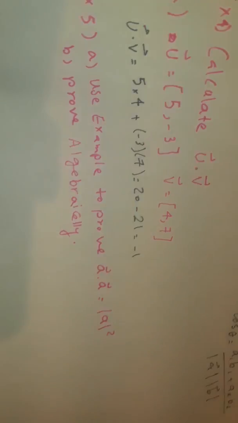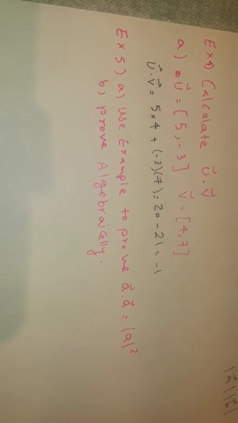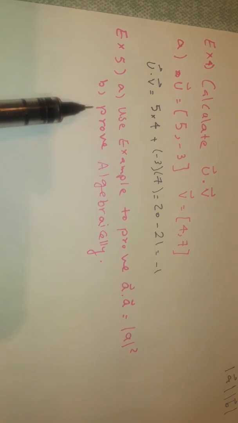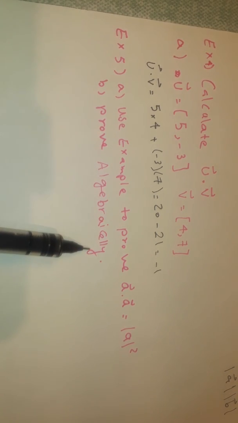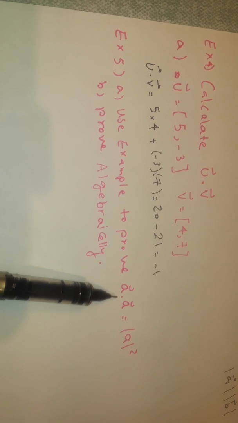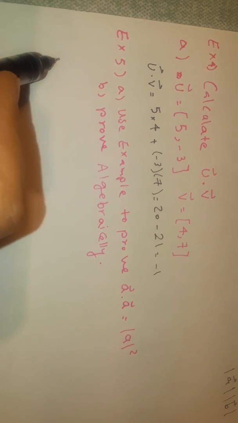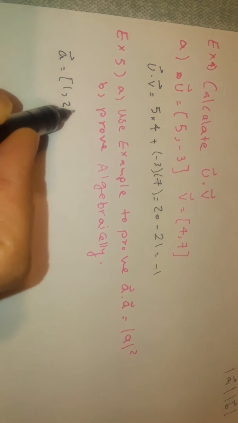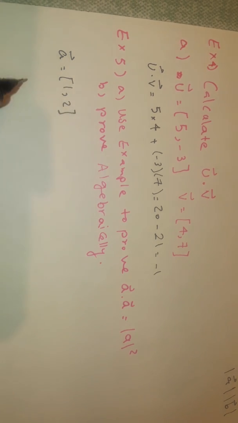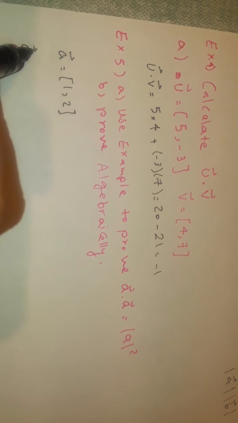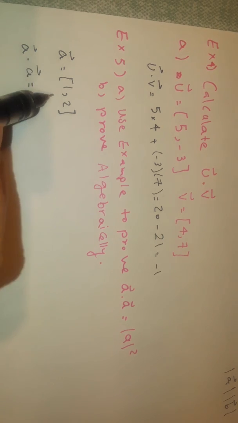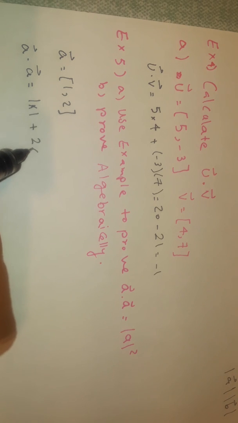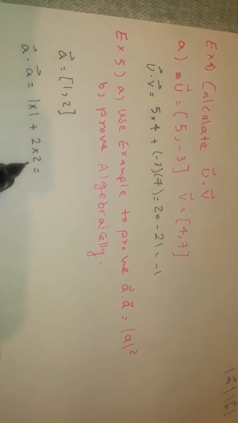This is example 5. Use an example to prove that a dot a is equal to the magnitude of a to the power 2, and then prove it algebraically. I did prove that algebraically, but I will do it quickly. An example: a dot a, let's say a is defined to be (1, 2). So a dot a means x component multiplied by x component, 1 multiplied by 1, plus y component multiplied by y component. You see that?